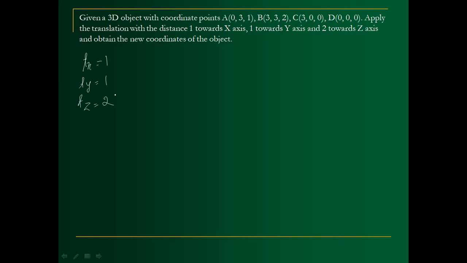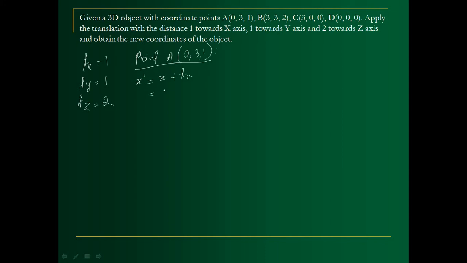So for point A, (0, 3, 1), when we translate this, x dash will be your old x plus tx.